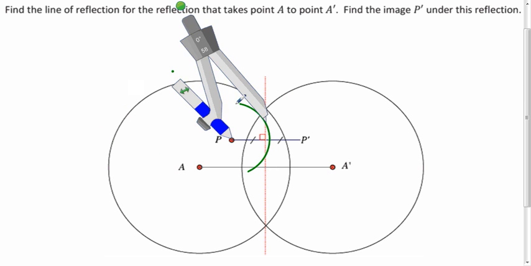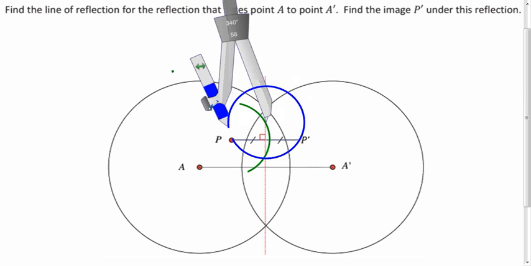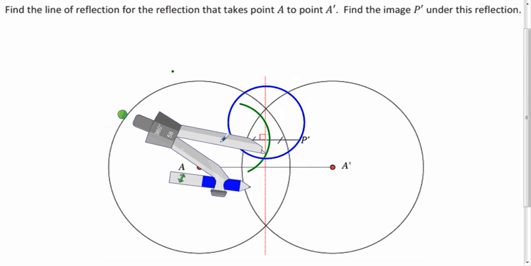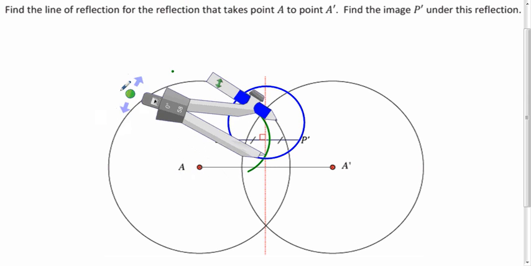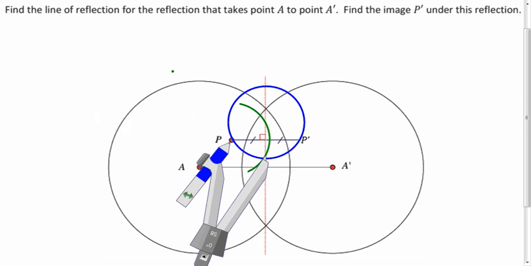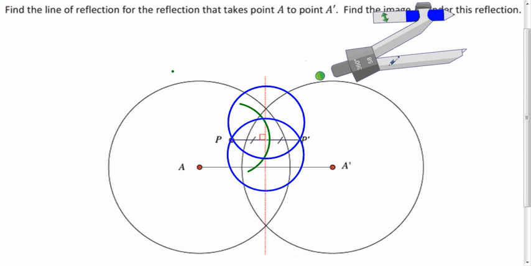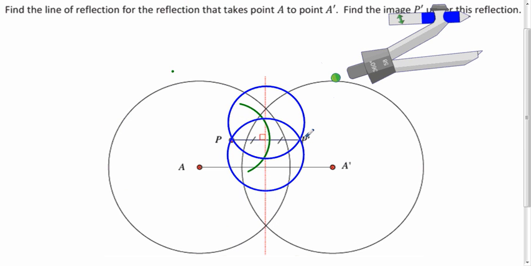It's pretty much there. And you can draw a circle there. And then repeat the same process at the other point of intersection. Right, double check that your compass is on the point, draw a circle, and where those two blue circles intersect, that gives you P prime.